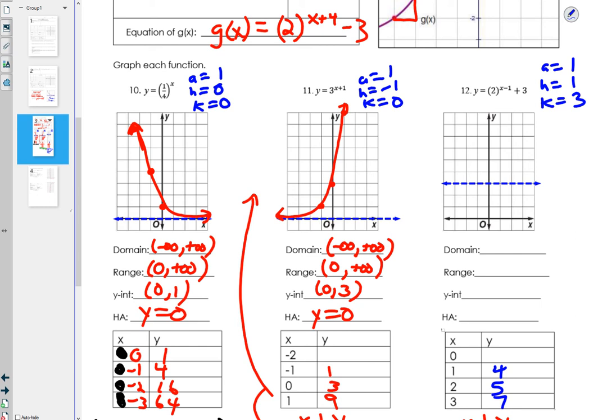So let's plot our points. 1, 4 is here. 2, 5.